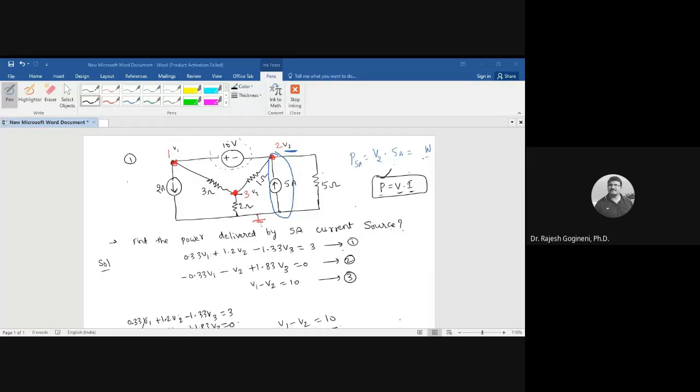G6? 4G6. Yes, sir. Did you solve the problem? No, sir. Why? Already I have given KCL equations and I explained the procedure also. What is the problem for you to solve the problem?